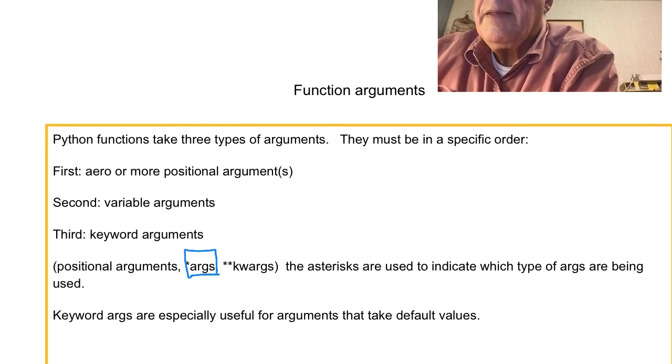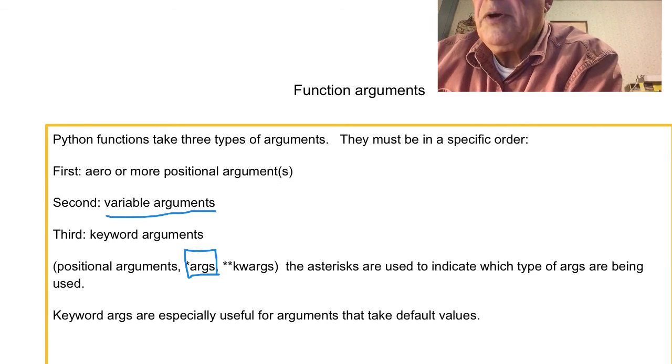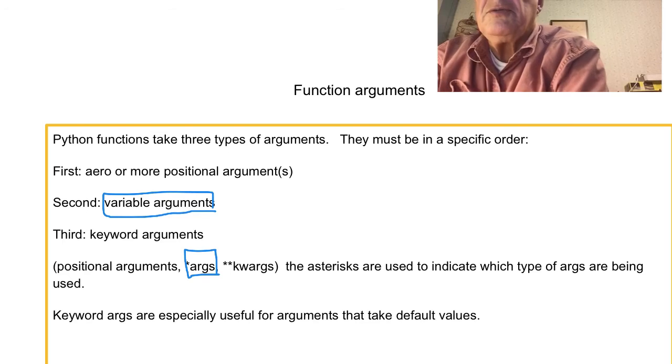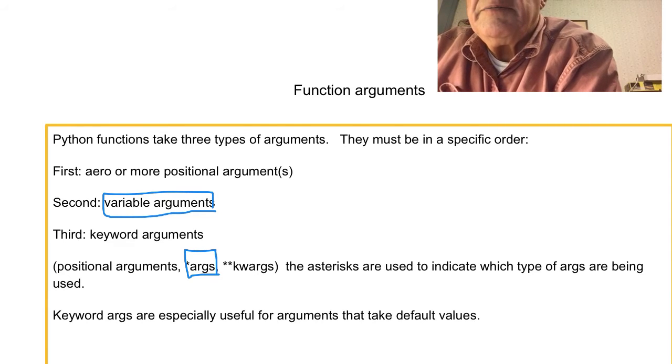So the second kind is variable arguments, and by that I mean arguments where the number of data items is variable. Think of a list that could take a different number of elements depending on the circumstance.